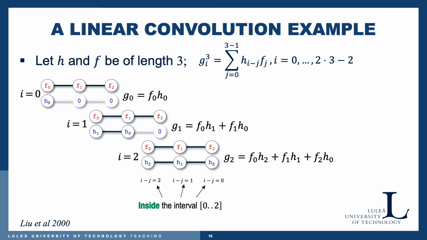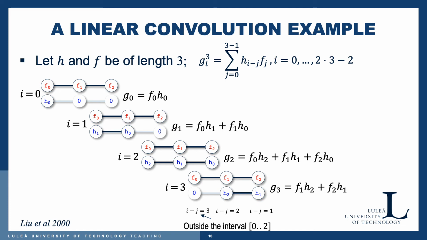Okay, third index i equal to 2. All the differences between the i and j indices lie within the interval, and g2 is consequently the sum of the products f0 h0 plus f1 h1 plus f2 h0.